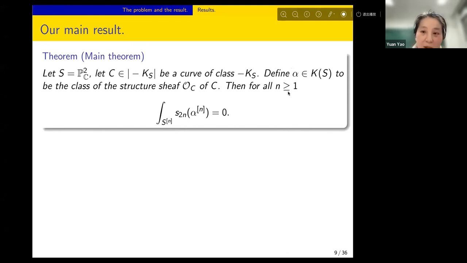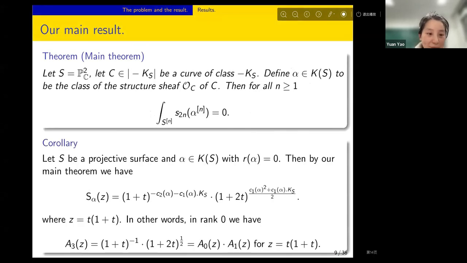It can be negative, right? You always can define this class, and you can also do this integration. Here I choose some typical rank 0 class, and I compute all these Segre integrals, and then I get this Segre series, and then I can get their conjecture.